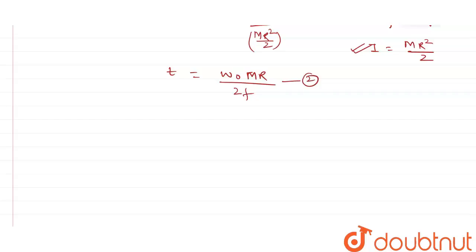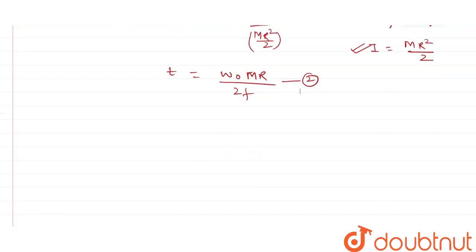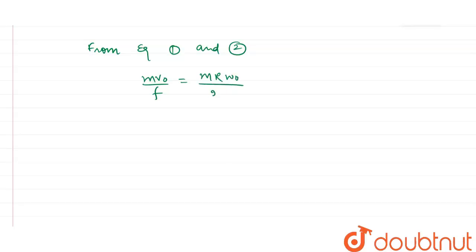Now we have the time for rotational motion as well as for translational motion, so I will equate equation 1 and equation 2 because both are expressions for time. From equations 1 and 2, the value of t is m v naught upon f for translational motion, and for rotational motion it is m r omega naught upon 2f.